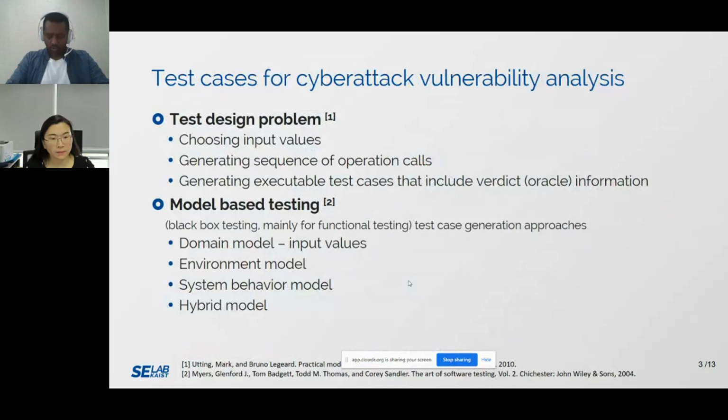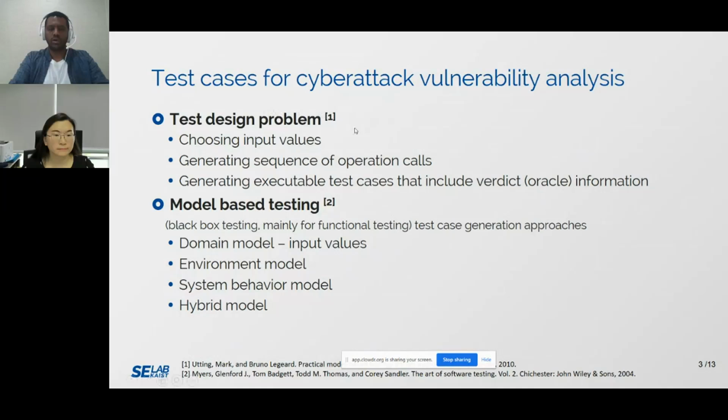Now, dealing with cyber attacks requires a systematic approach on top of the existing attack-defense orientation. In this regard, testing is one of the well-recognized approaches for identifying cyber attacks and any other type of attacks.